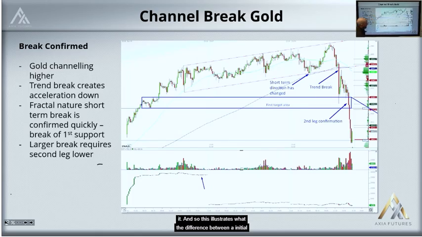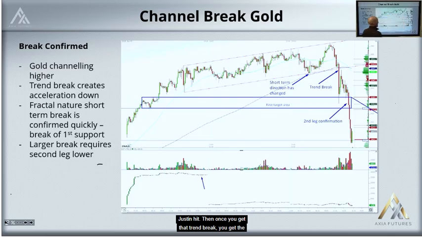And so this illustrates the difference between an initial trend break and the follow-on move as the trend break is then confirmed by a direction shift. So what happens here is you get the trend break. There's your first trend break. We've had 3 touches on the trend. The third touch comes just before the end of the move, just in here.